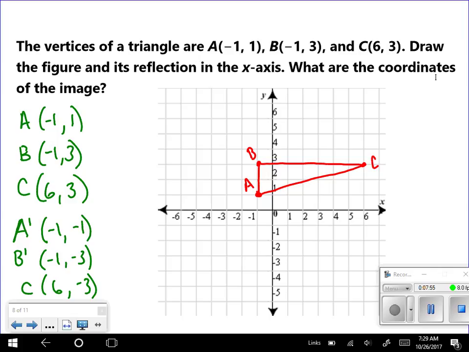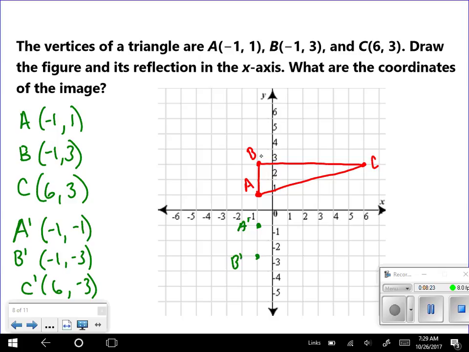It does ask for the coordinates, so it's good maybe to start this way, even if you can picture it flipped and you kind of know what it would look like. Now I can go ahead and say, okay, A prime is going to be -1, -1. So that would be here. Is this the same distance from the x as this? Yes, it is, so that's good. It does look like we're flipping it. B prime is going to be -1, -3.